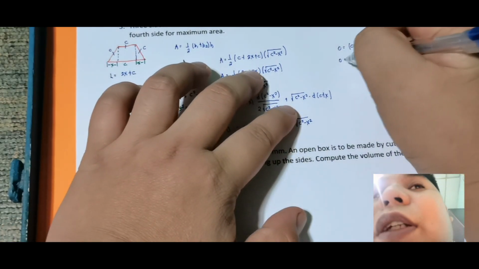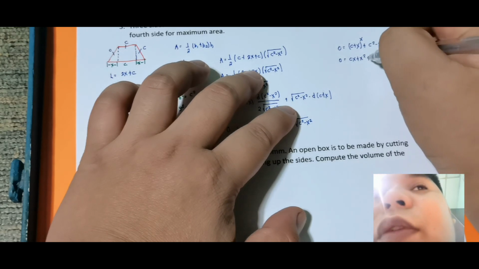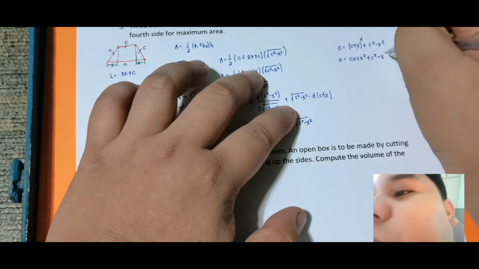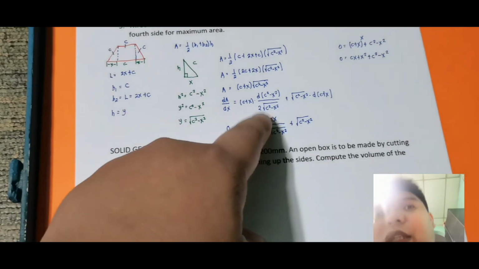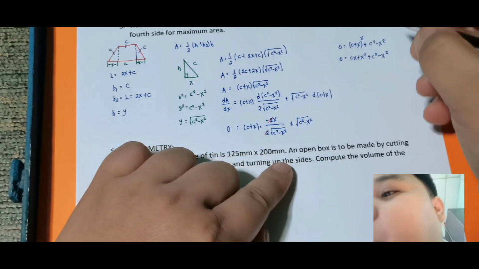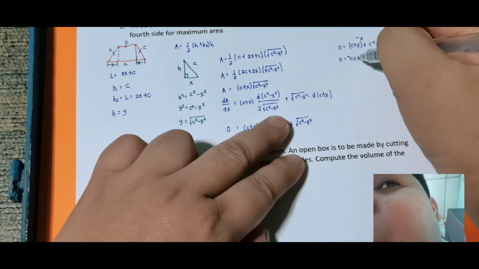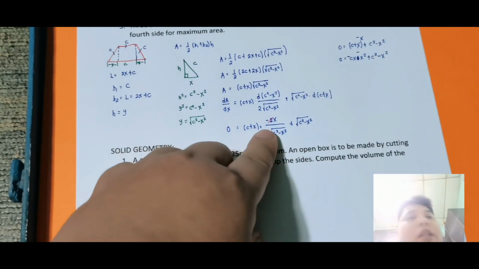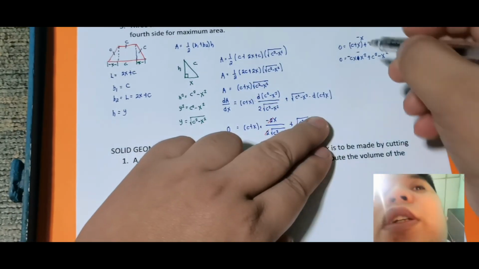That is 0 is equal to cx plus x squared plus c squared minus x squared. Tama ba? That is kasama yung negative. Sorry. So, dapat ito ay negative kasi negative 2x yun. Sorry. Okay, so that is simply, ayusin ko lang.